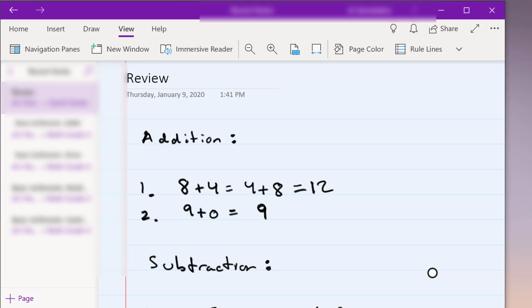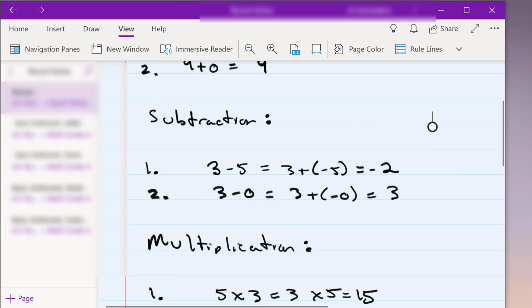In the case of subtraction, 3 minus 5 is the same as saying 3 plus negative 5, which is just negative 2, or minus 2. And subtracting 0 from a number is just the same as that number. So it has no effect, just like in addition. Adding 0 to a number has no effect. So 3 minus 0 is just the same as 3 plus minus 0, which is just 3.